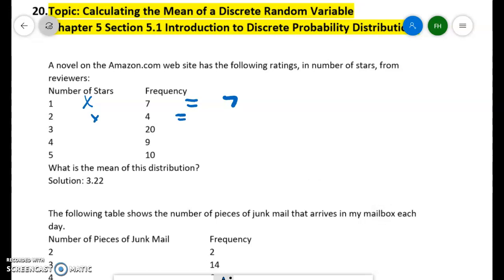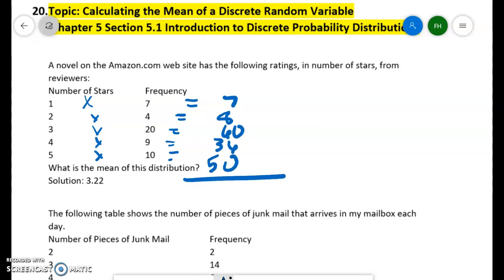You have 4 2-star ratings, so instead of adding 2 up 4 times, you can just multiply. And then multiply, multiply, and multiply. And we get 161, sorry.